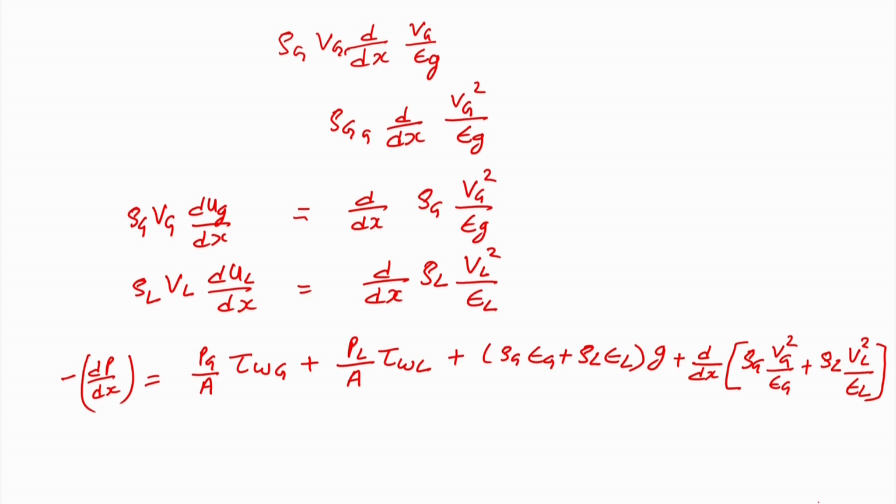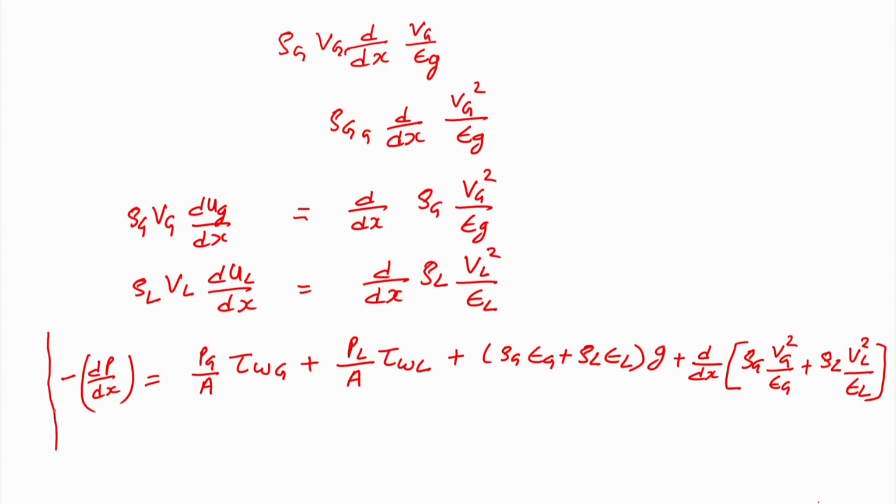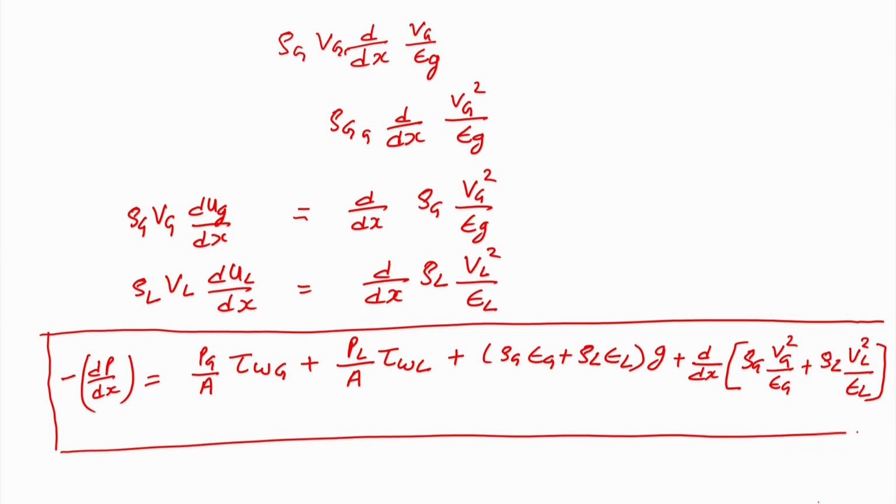Now we have not assumed that both the phases are moving with the same velocity. We have said that this is the general equation of homogeneous flow, where both the phases are flowing together.